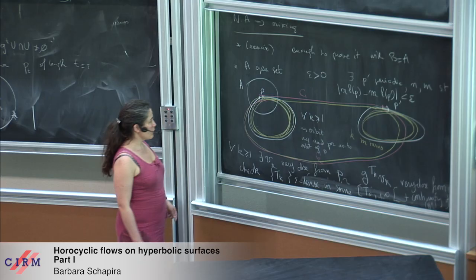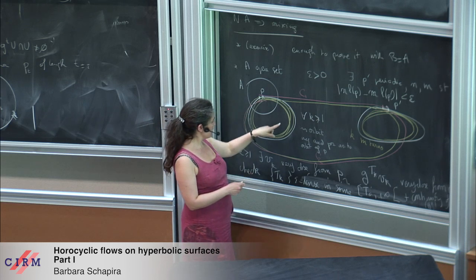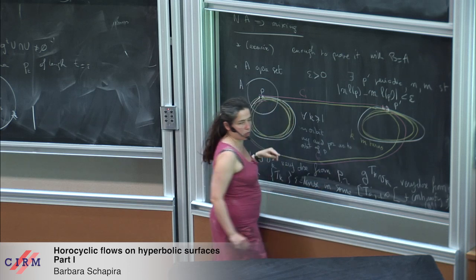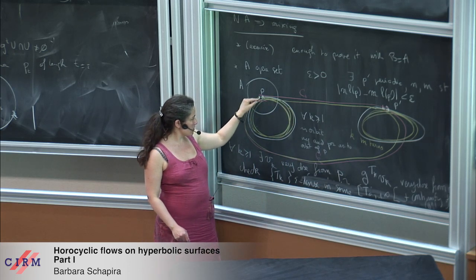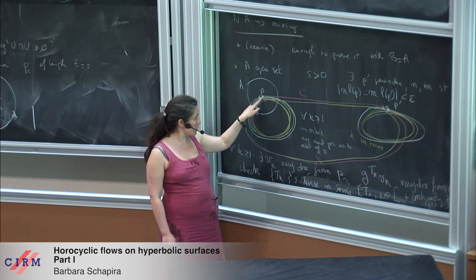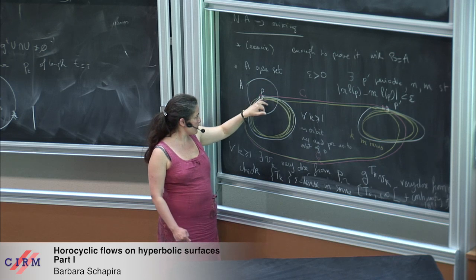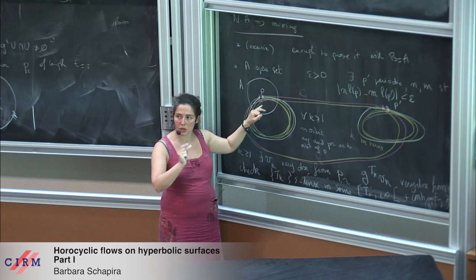In fact, when you use the local product structure, for example, gluing the past of P with this red orbit going from a neighborhood of P to a neighborhood of P prime, you get a vector which is in the strong stable manifold of P and the strong unstable manifold of the red orbit, up to a slight translation along the geodesic.